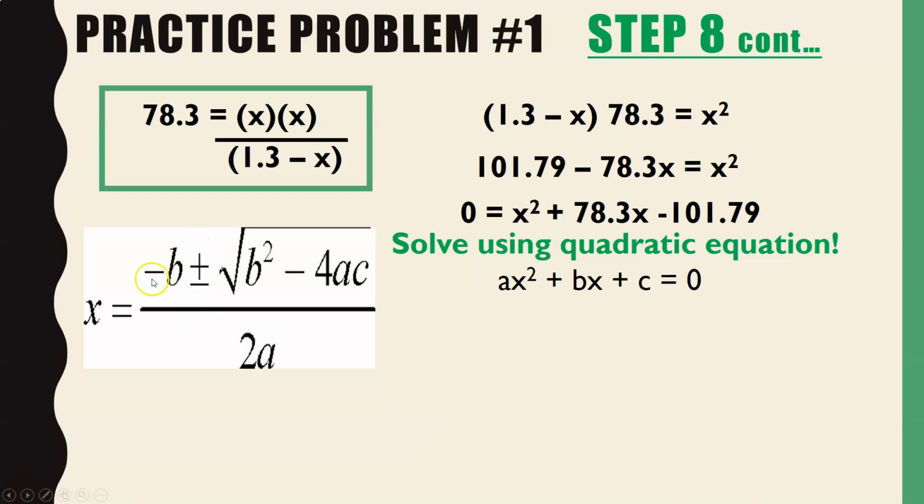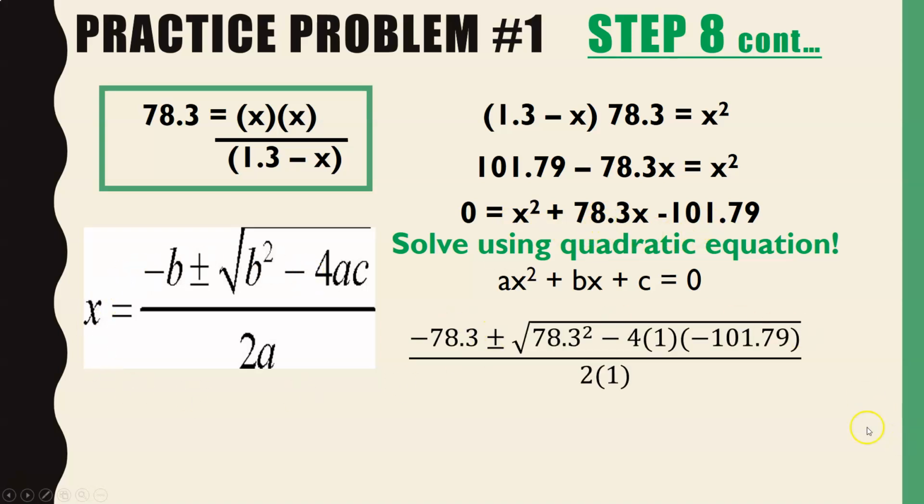I have to plug those values into the horrible equation. Remember, you're going to get an answer where you do a plus here, and then you get a second answer where you get a minus. When you plug in these numbers to this equation, this is what it should look like.